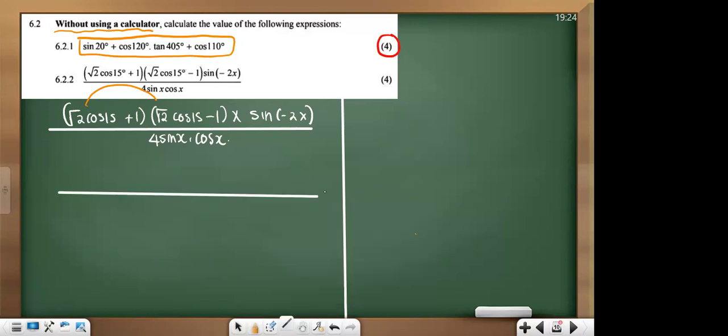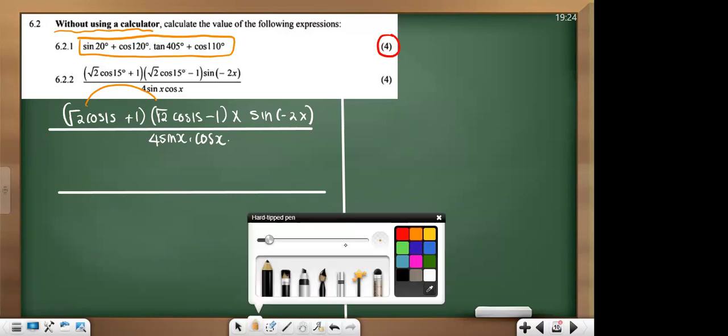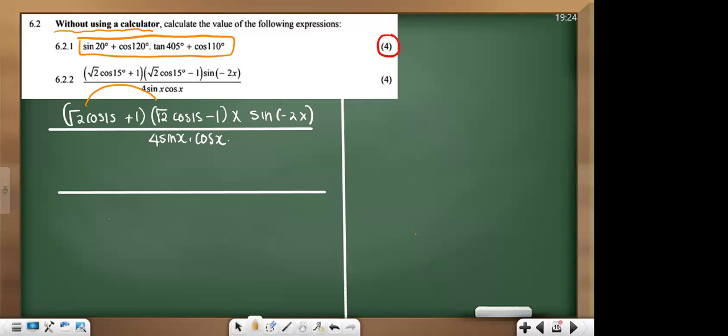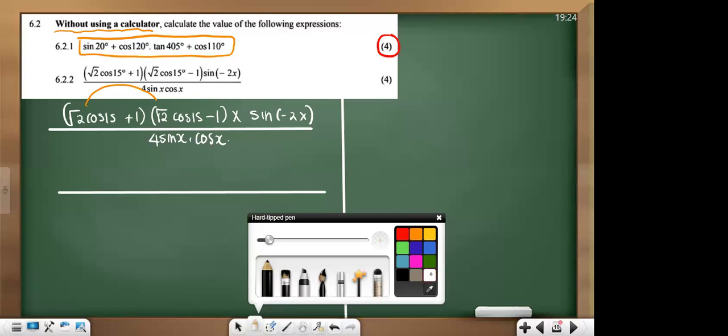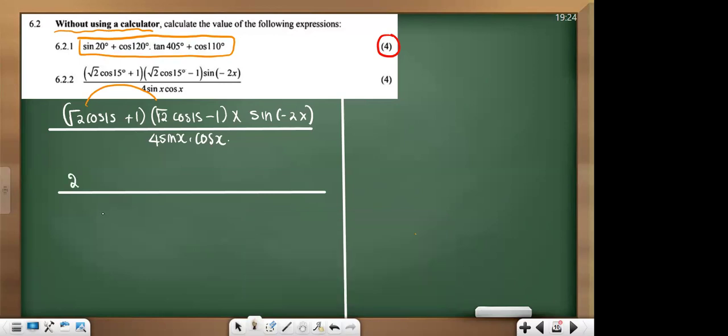Multiply out the brackets. I'm going to have root 2 times root 2. That will give you 2. Okay. My pen is not writing. Let me get another one. Root 2 times root 2 will be 2. Cos 15 times cos 15 will be cos squared 15.